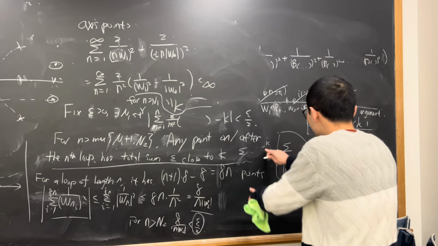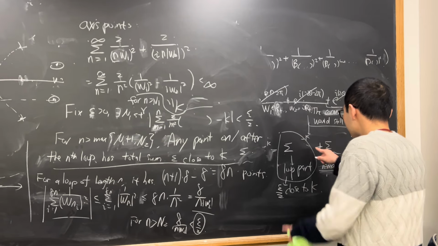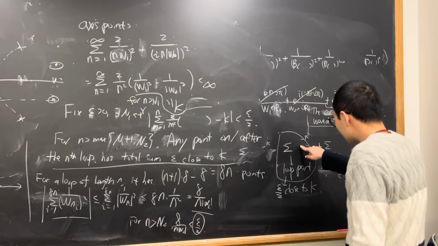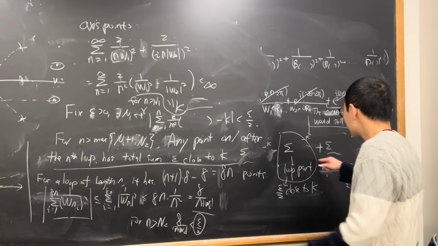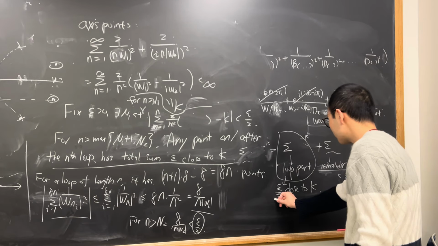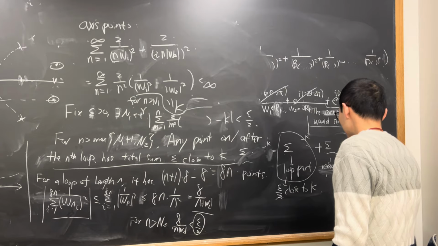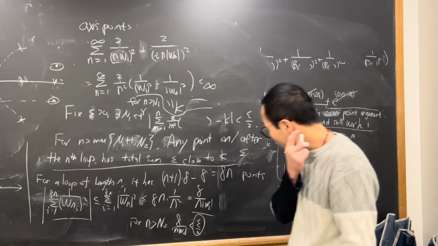By the triangle inequality, the modulus is less than or equal to this modulus, which is less than epsilon over 2, plus this one, which is less than epsilon over 2. Okay, so that's the whole argument here.